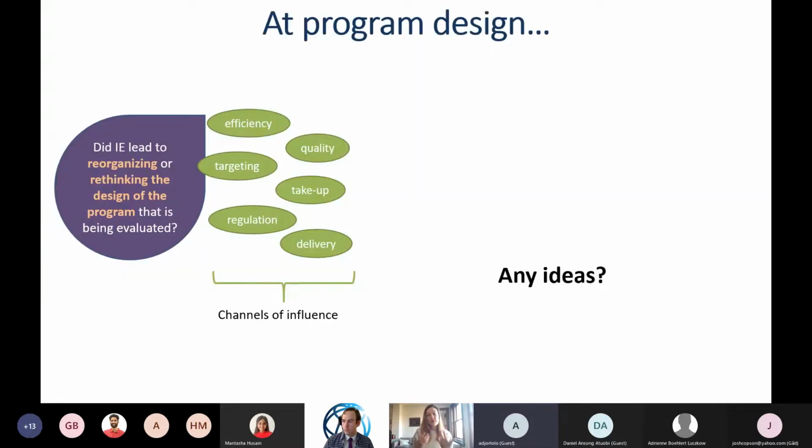So, for example, if we go back to this first question, and think of a project that you've worked on. The one I'm more familiar with is the Ghana one, of course, your Ghana team, that Dan worked on. But do you have any ideas, as you were designing your program and working with a team, of ways in which the impact evaluation helped you think about what is being evaluated and how to improve the program, how to set it up?